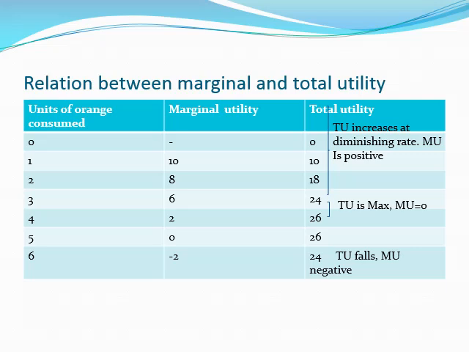The sixth gives marginal utility equal to -2, and the total utility falls to 24. Total utility falls, marginal utility negative.